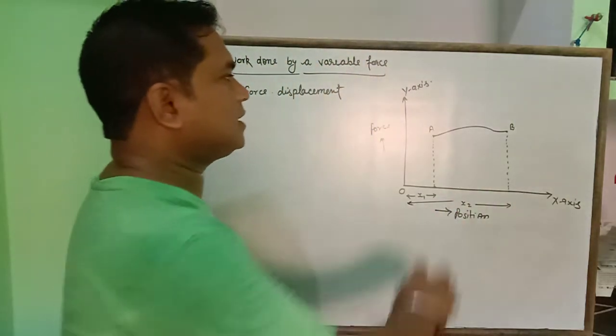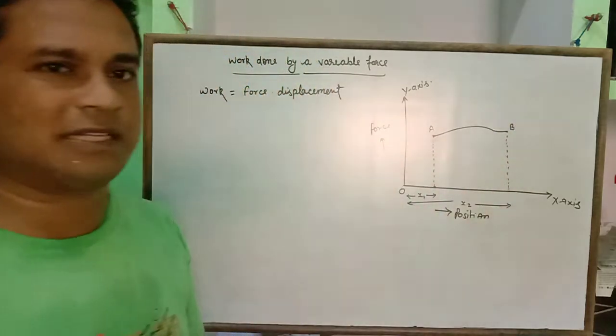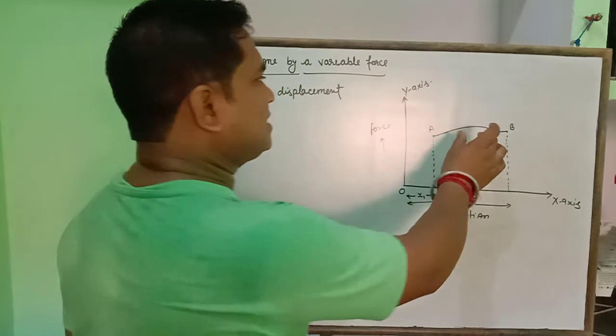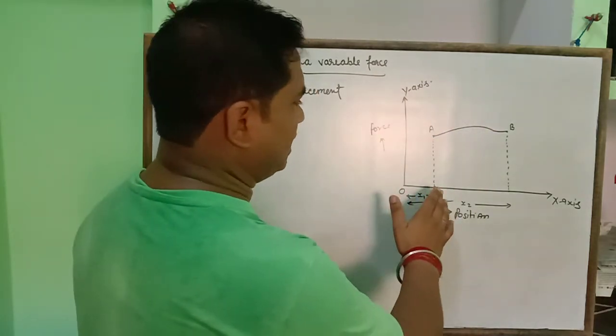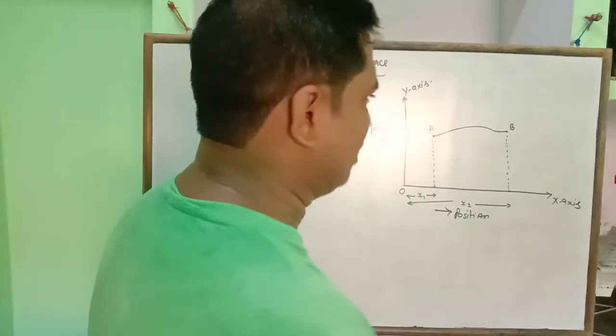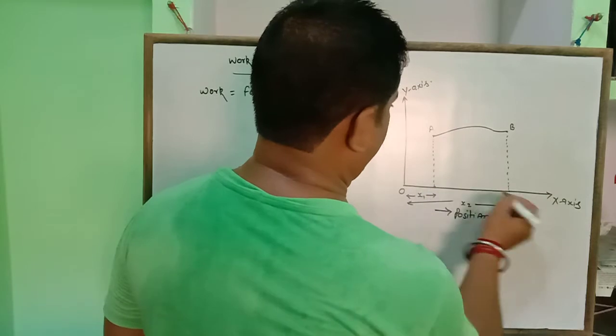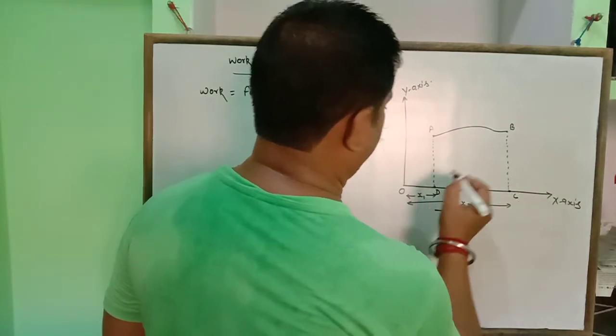Okay, so this graph will be there, A to B. The force does change. By this variation of the force, the body will change its position from x1 to x2 along the x-axis, which is denoted by the points C and D.